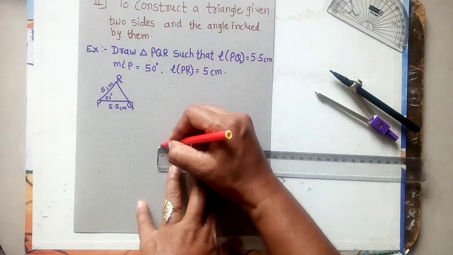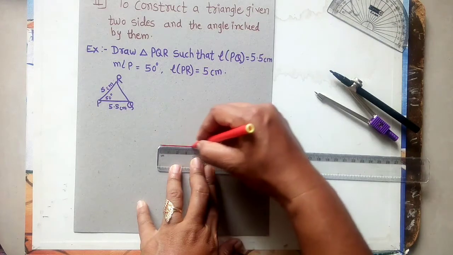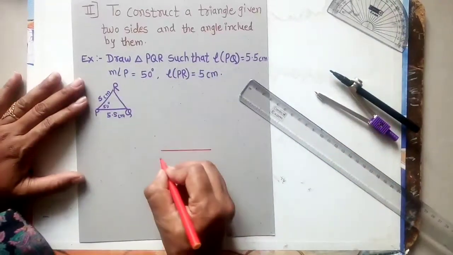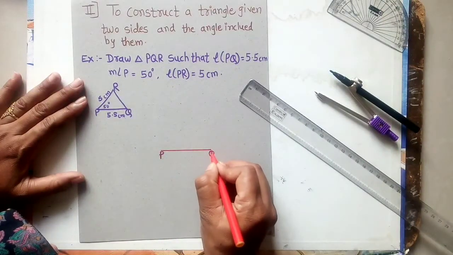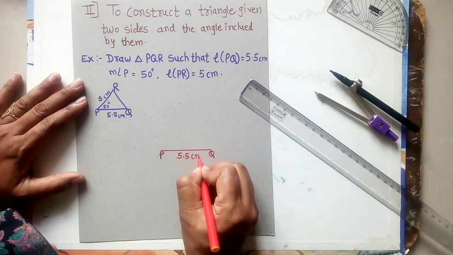According to the rough figure, seg PQ forms the base of length 5.5 cm. Name it PQ, and the measure is 5.5 cm.